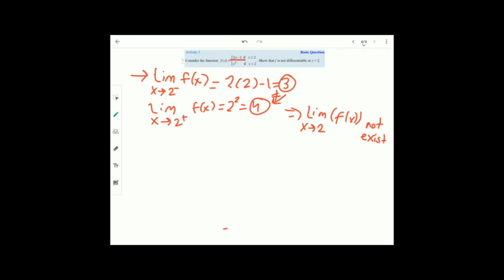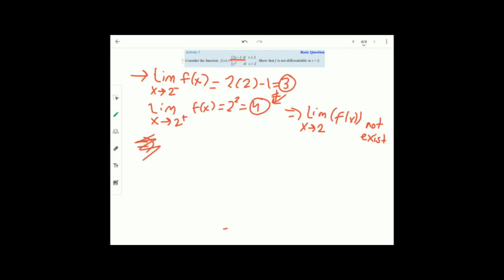So we can just say, I'm not going to write the whole statement down, as f of x is not continuous at x equals 2, you can put in parenthesis there's a jump discontinuity, or the limit does not exist, comma, it is not differentiable at x equals 2. We just stated the statement that we just learned.